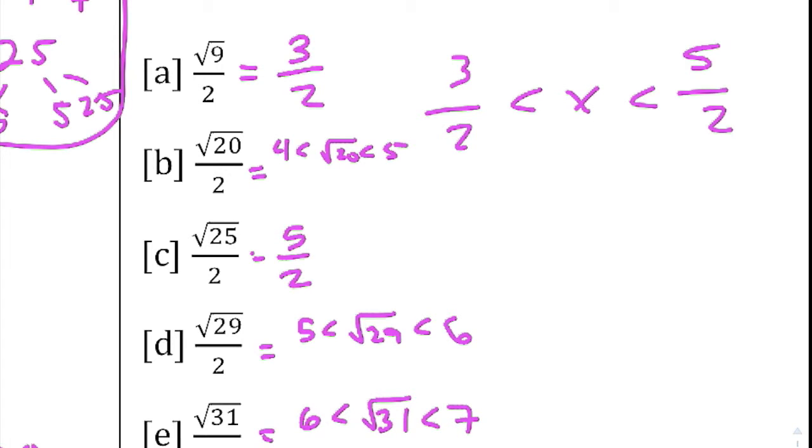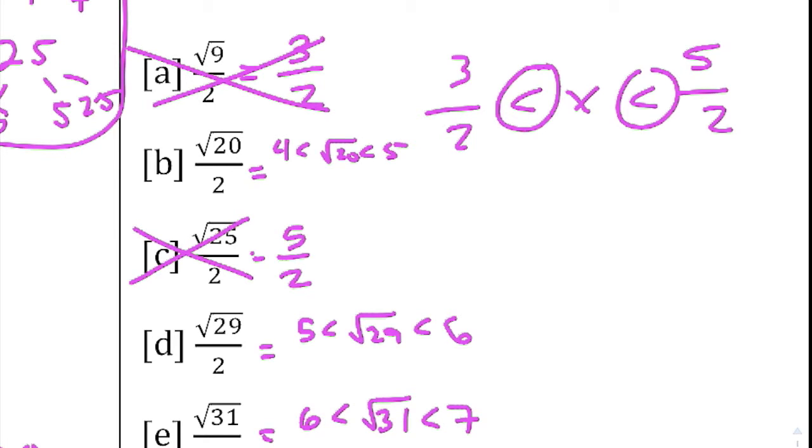If we look at our choices, we can eliminate a couple right away. Notice that these are strictly less than and strictly greater than signs, so immediately we can throw out A and C. If this has to be between 5 and 6, it can't be the answer either, because we're between 3 and 5. Same thing for 6 and 7.